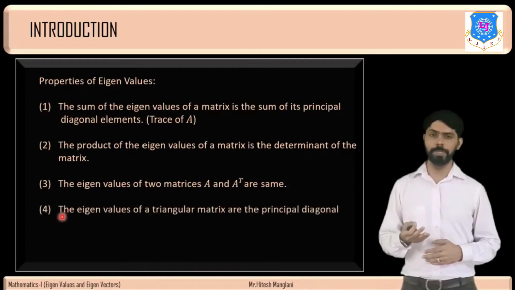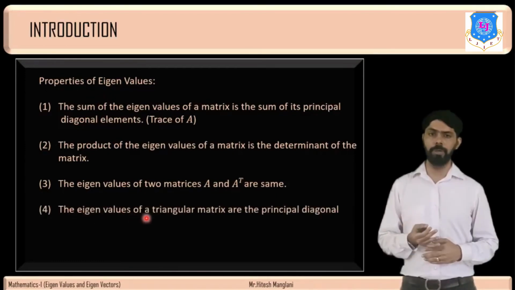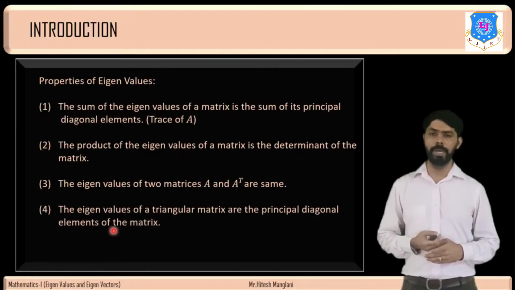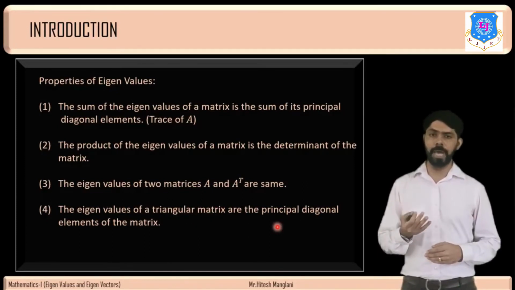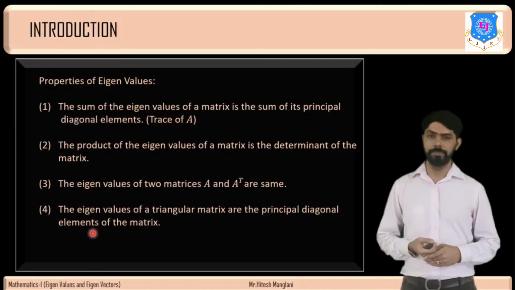Now fourth property is the eigenvalues of a triangular matrix are the principal diagonal elements of the matrix. So if we have to find the eigenvalues of a triangular matrix, whether it is upper triangular matrix or lower triangular matrix, then it will be its principal diagonal elements.